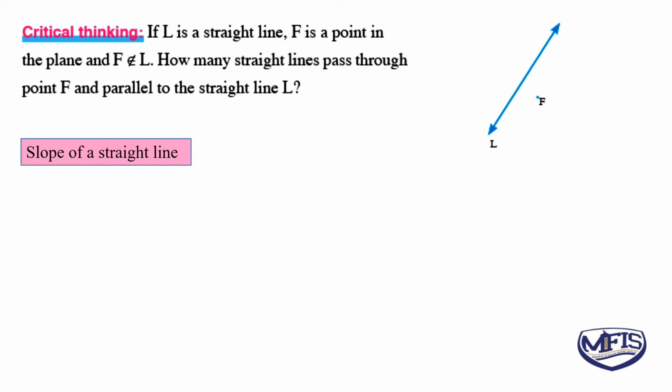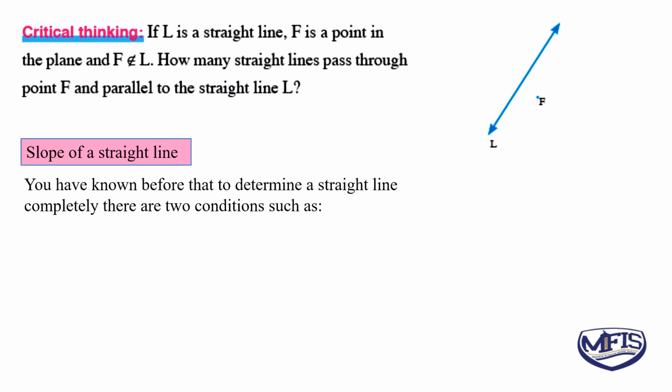There is a unique straight line parallel to L that passes through the point F. You have known before that we determine a straight line completely with two conditions, such as a given point and the slope of the line.